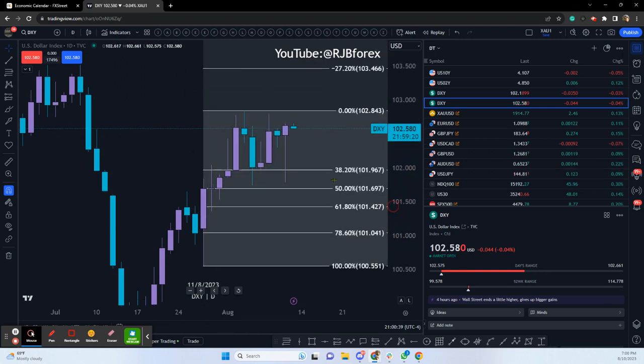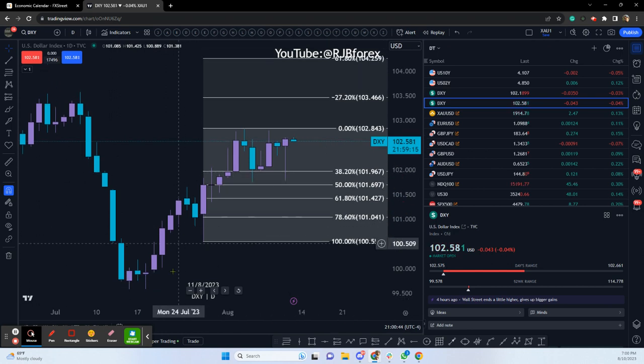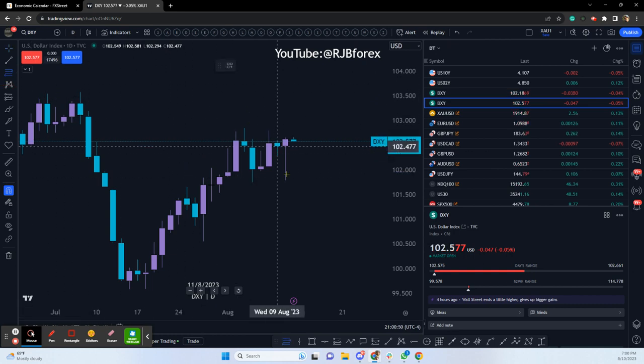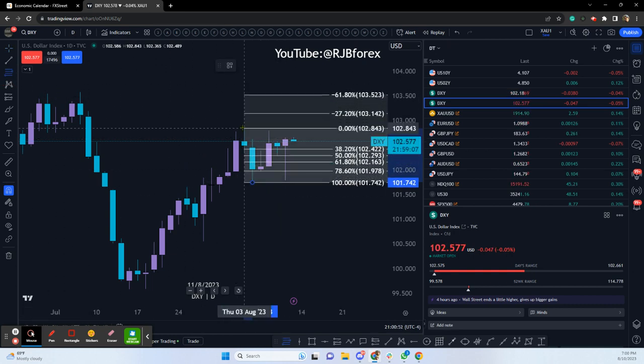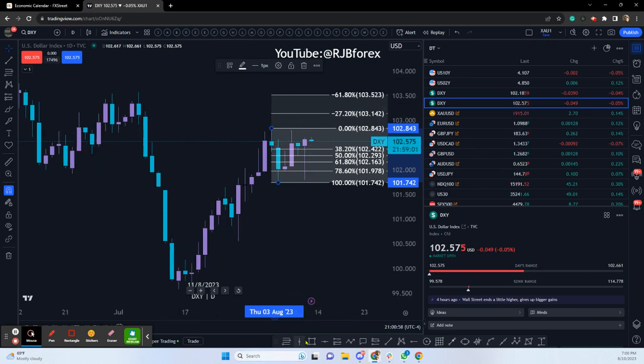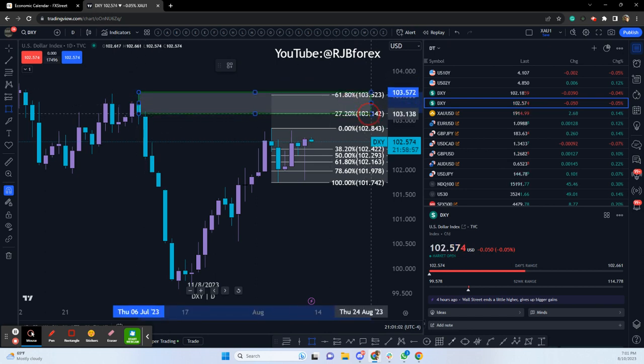We've had a sizable correction, and that came into the 38.2 on the corrective leg. We've got a target of the 103.14 and 103.52, up in here thereabouts.